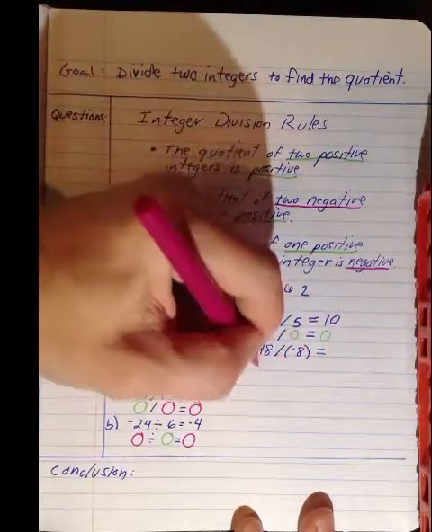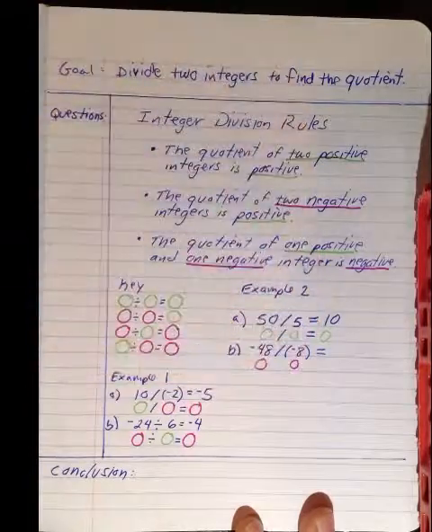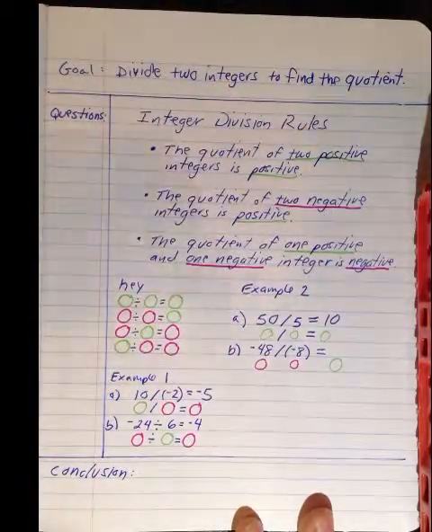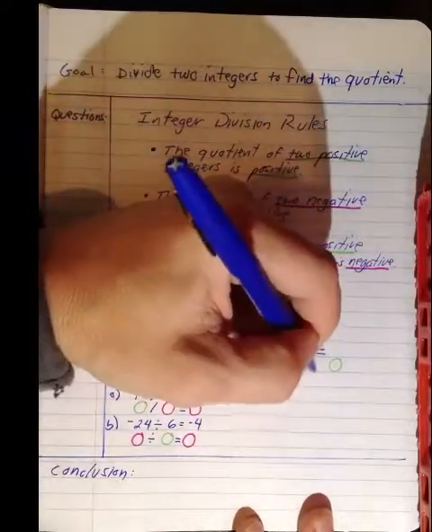Example 2b, negative 48 divided by negative 8 is a negative divided by a negative. That will have a positive quotient. Positive 6.